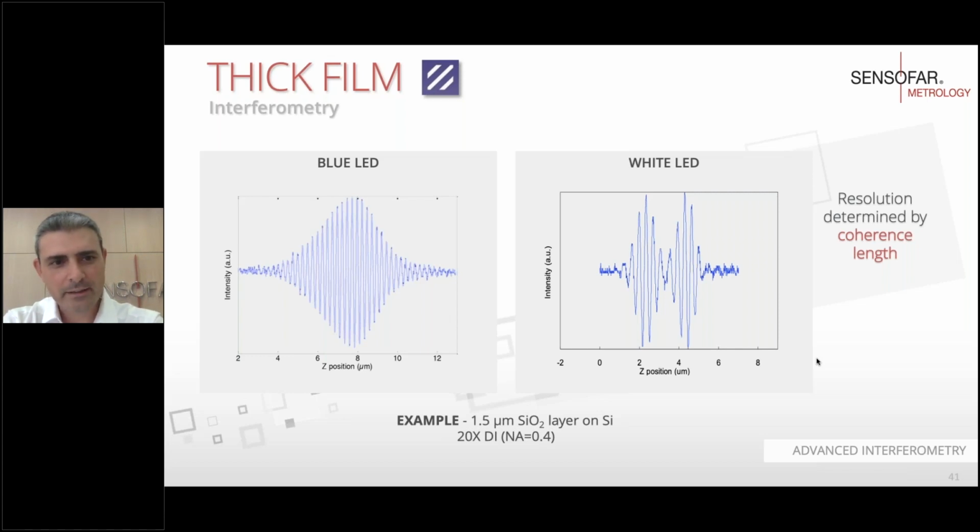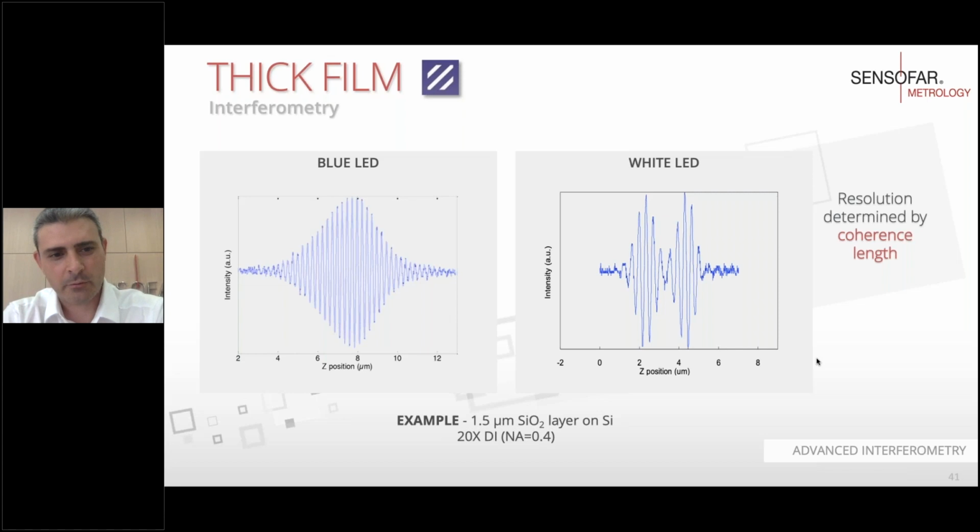So if we have a blue LED, what happens is that because of the coherence length, the number of interferences along the z-axis belongs to several microns. That's something like 10 microns in that case. While if we are using a white LED, we have only this 1.5 micron interferogram envelope.